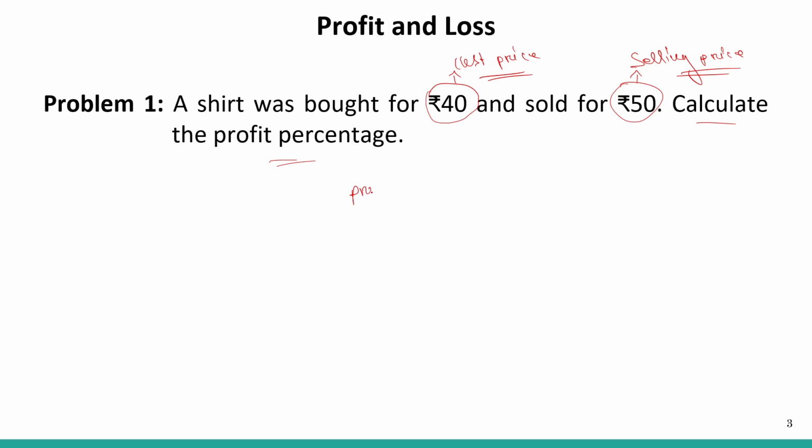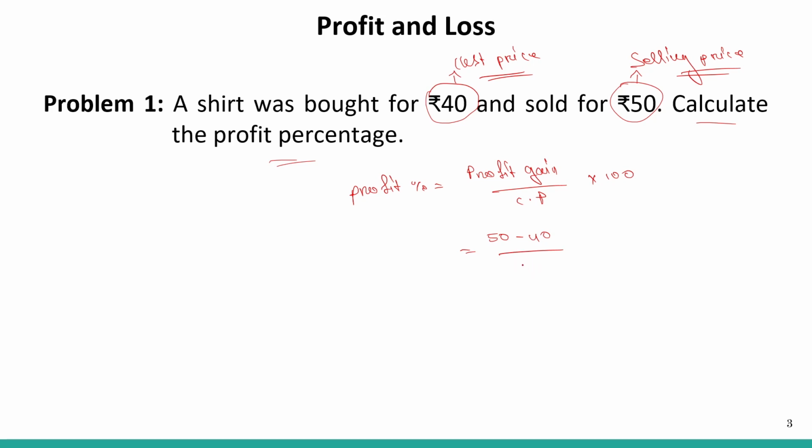Profit percentage is equal to profit gain by cost price into 100. How much profit did she gain? Selling price, that is 50, minus 40, the cost price, is the profit gain, whole by cost price, CP.